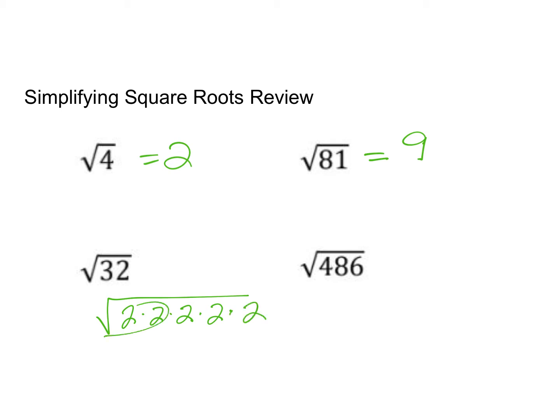So from here, I'm going to circle my groups, and these two are going to come out. So then it would be 2 times 2, which is 4 times the square root of 2. Notice how this is coming back. This is why we spend time doing all these skills, because in algebra, everything tends to overlap. So we do have to be mindful and ready for using concepts over and over again.